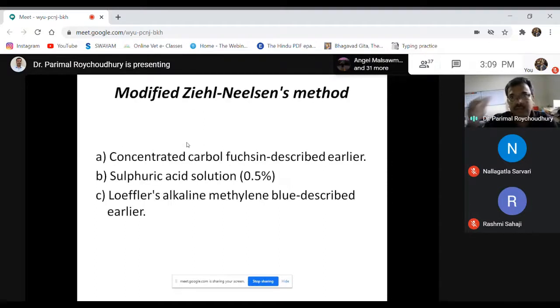So in this modified Ziehl-Neelsen method, we use strong carbofuchsin for staining the bacterial smear, and we go for a weaker decolorizer, 0.5% sulfuric acid.